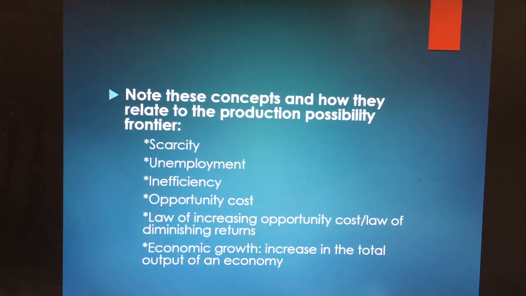Unemployment is demonstrated here. If you've got, for instance, land or other resources that are underutilized, then the production that's possible would not fall along this curve. This curve doesn't tell us what the optimal level of production is, but it does demonstrate for us a possibilities frontier.